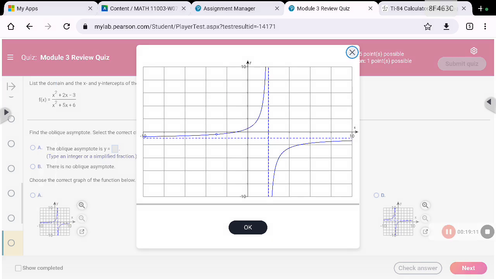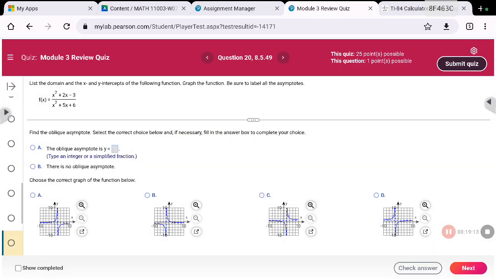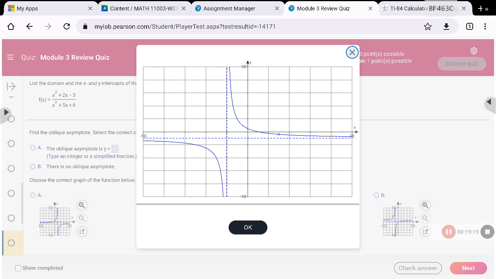Let's look at B. Vertical asymptote, x equals -2. Your horizontal asymptote would be at y equals 1, which means it should be up here where y equals +1. That horizontal is at y equals -1, so that's why it's not that one.